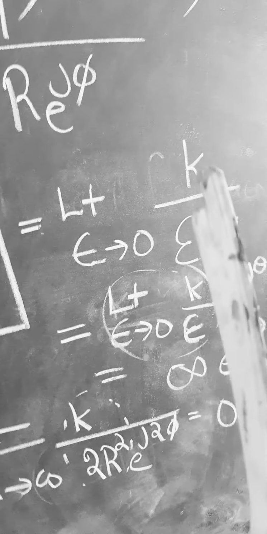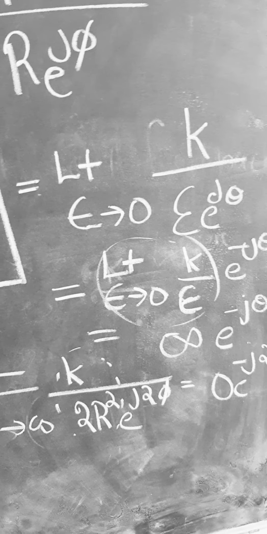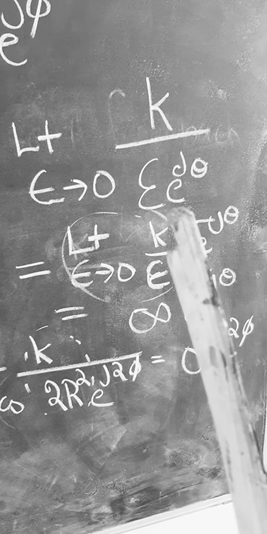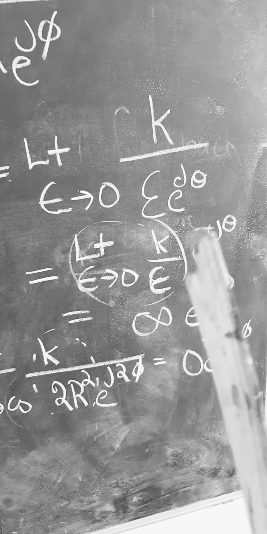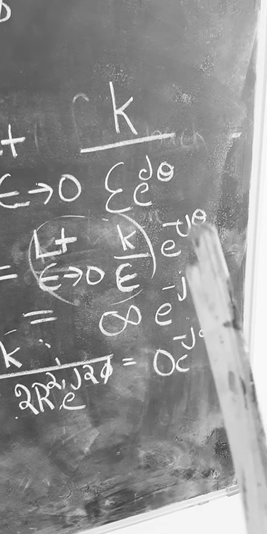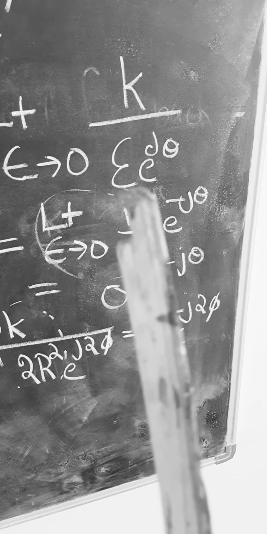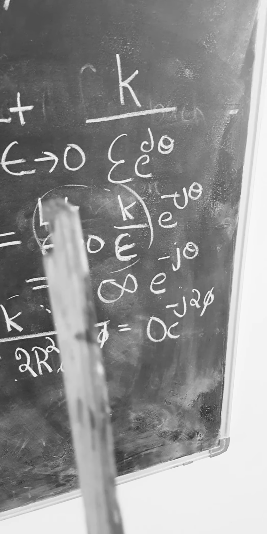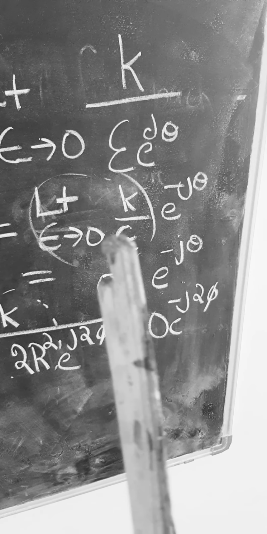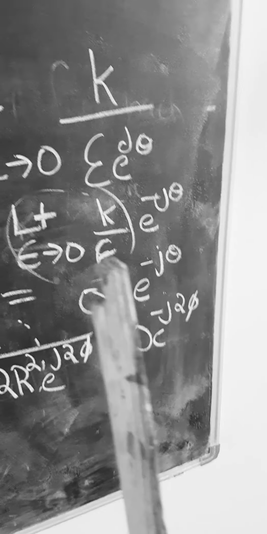So you get k divided by epsilon e to the power of j theta. You can take this as k by epsilon into e to the power of minus j theta. Now limit epsilon tending to 0, k divided by epsilon.